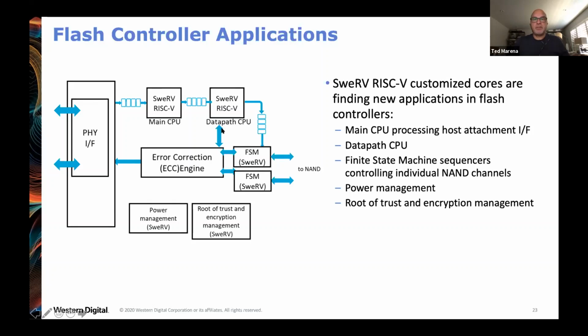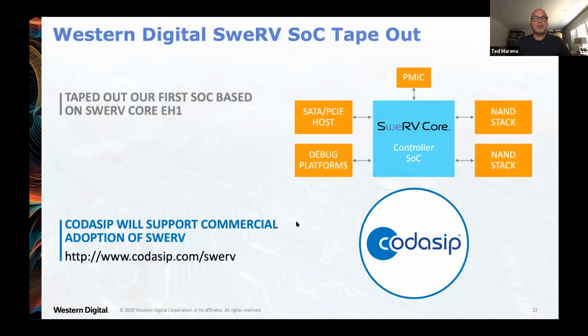The data path, just like it says, handles the back and forth encryption and other functions. We are also looking at cores to implement root of trust and other security provisions, state machine, and so on. So we can envision a time where there's going to be multiple architectures.